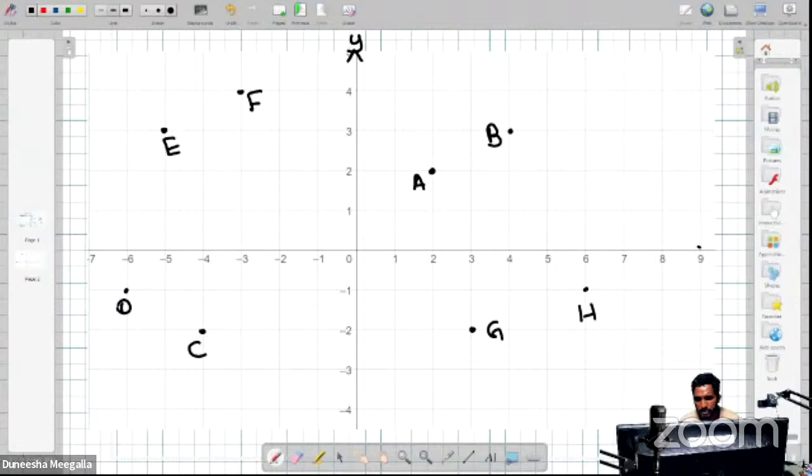What is the point A? A is (2,2). Yes, 2,2. B is (4,3). Is it 4,3? Okay, get the other points of the coordinate system. Draw the graph. You can keep a screenshot of this. Okay.